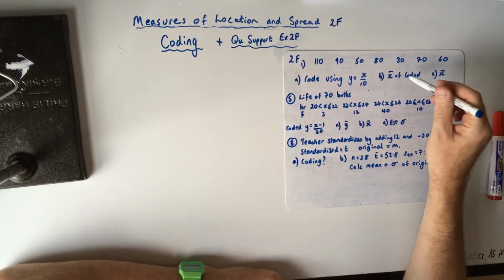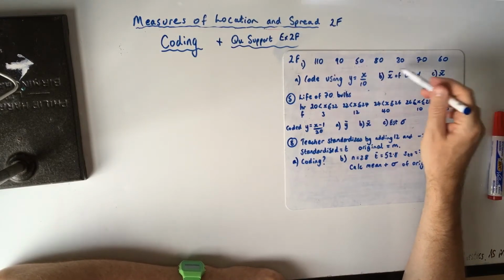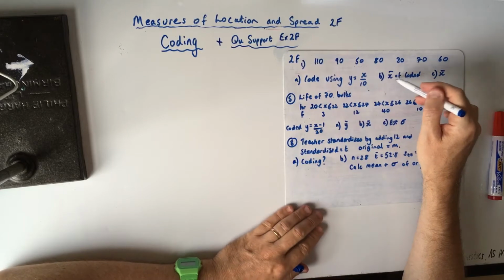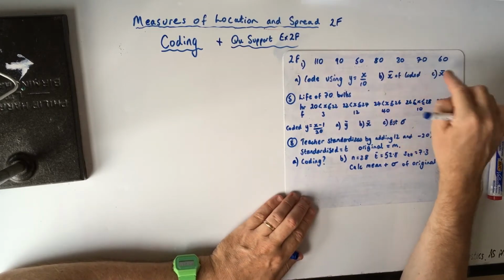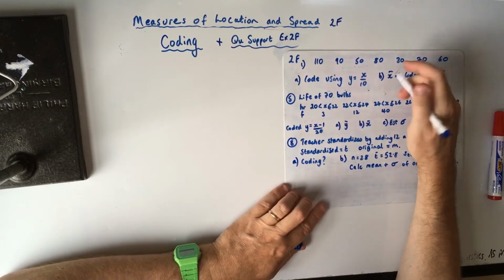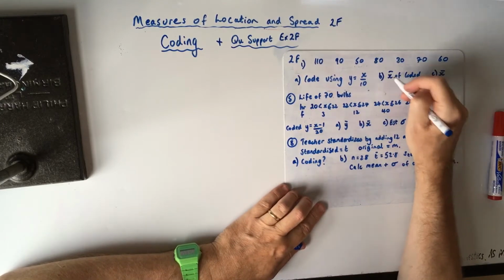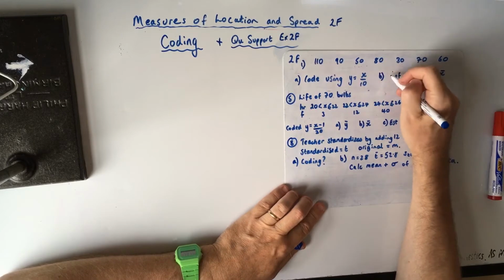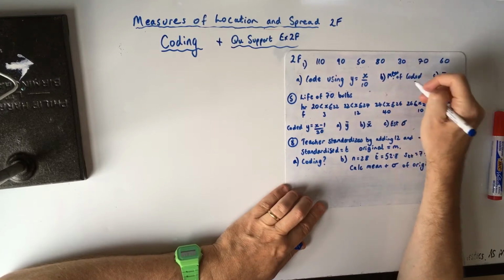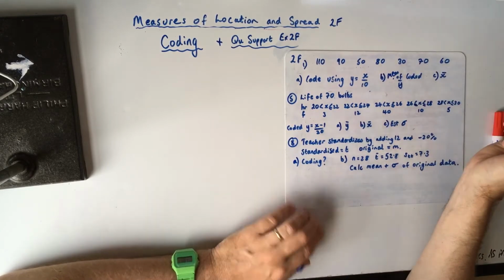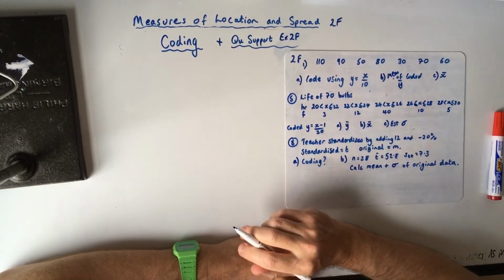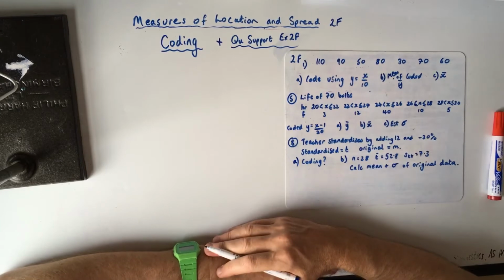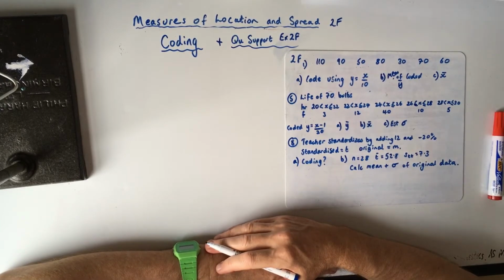And then it says find the mean of the coded. In the book it just says the mean of coded, so let's just change that. In other words, what it's saying is find out y bar, and then it says find out x bar, in other words, the mean of the original data.